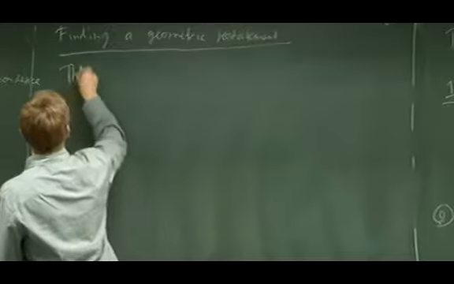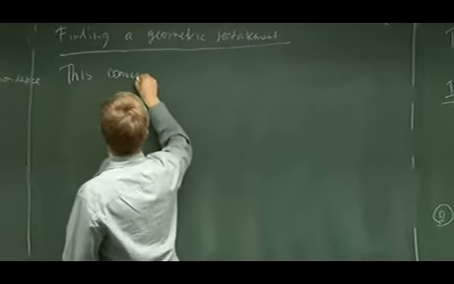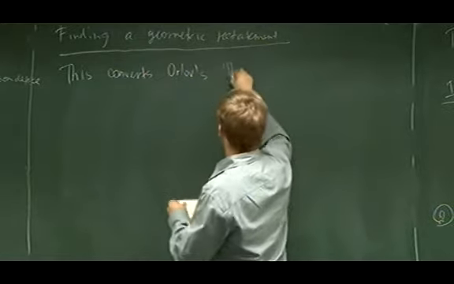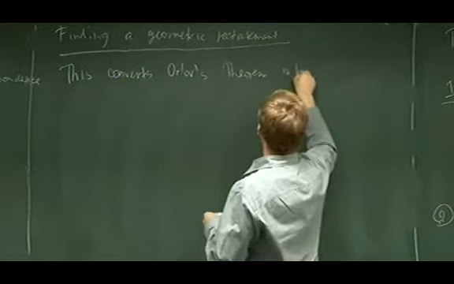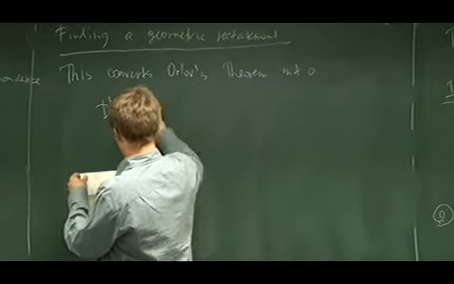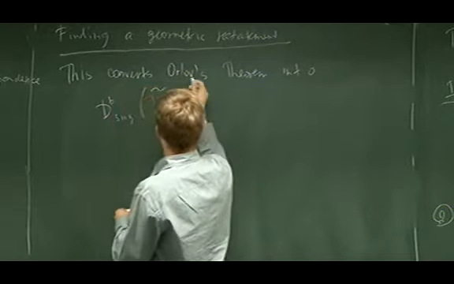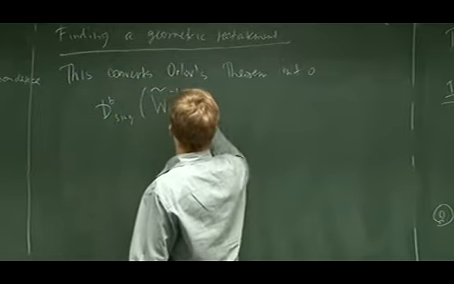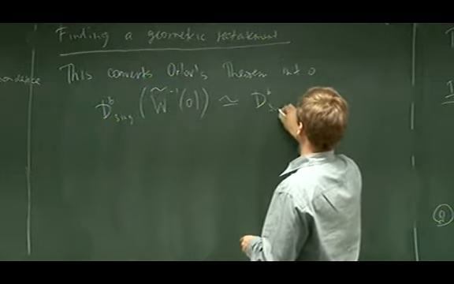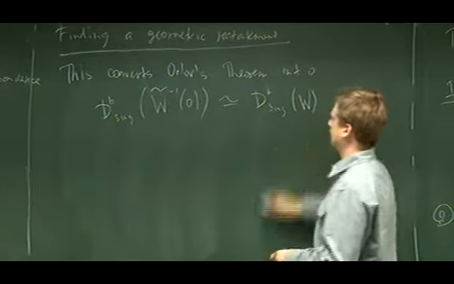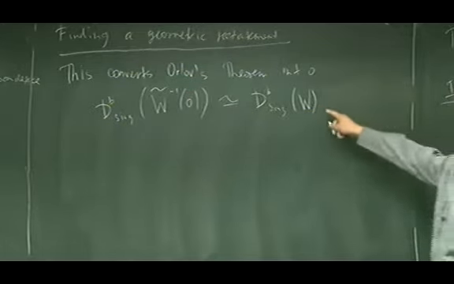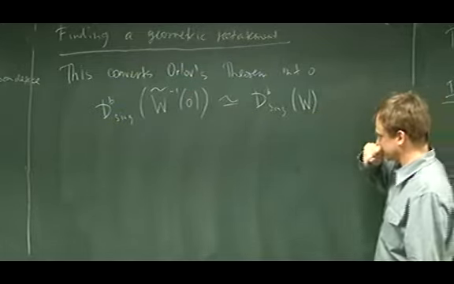So this converts Orlov's theorem into a statement that dB, the singular category of omega inverse of 0, is equivalent to this algebraic singular category that I first defined using graded as W modules.